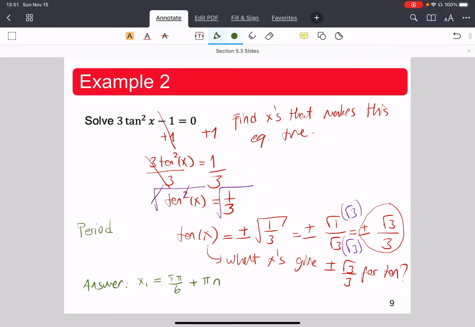Period of tangent is pi, and for that reason we multiplied by n. Again, n is the number of cycles that we could do on a tangent function. The second solution is going to be the other angle, which is 5pi/6, plus pi n again. So that would be a great answer for this problem.